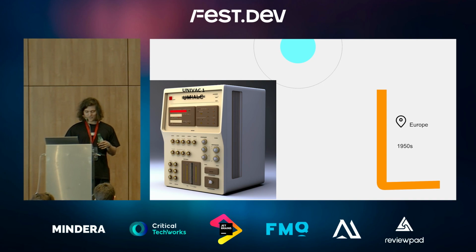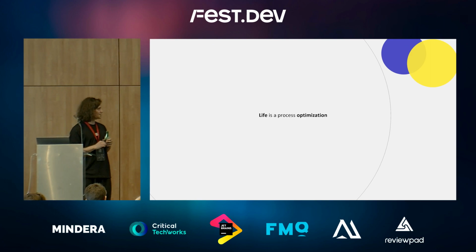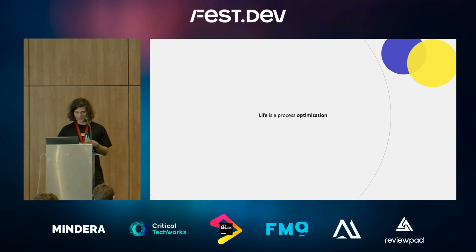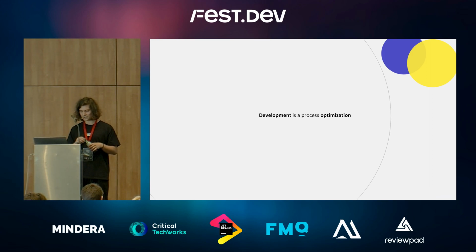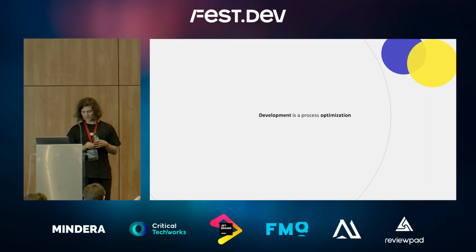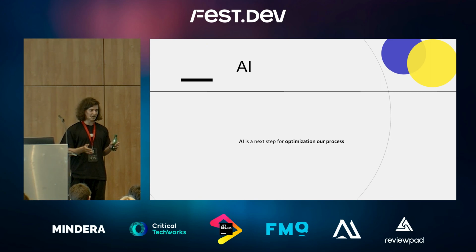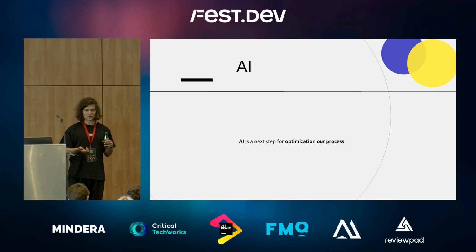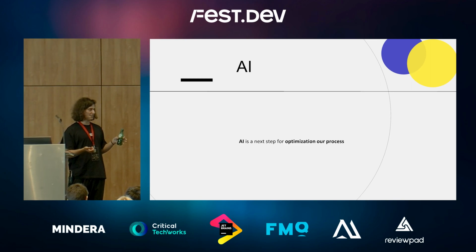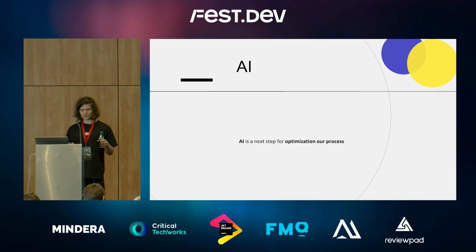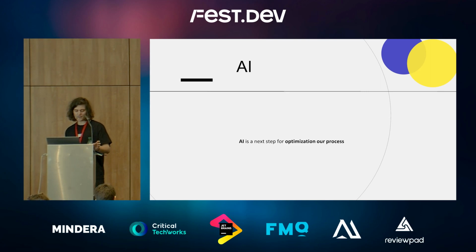So development, like life, is a process of optimization in general. And that's why we are going to the next part about AI. So I think after all, from pyramids to today, AI is the next step, it's the next revolution. It will basically help us to improve how we are working today.